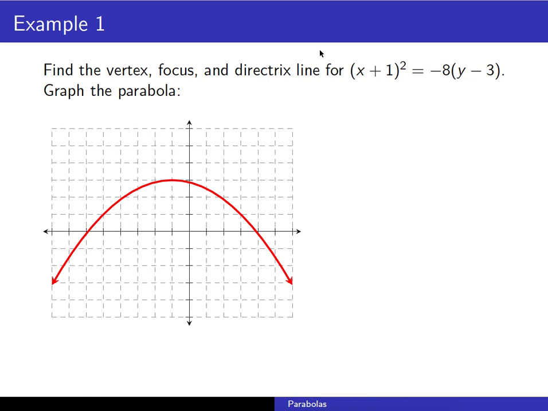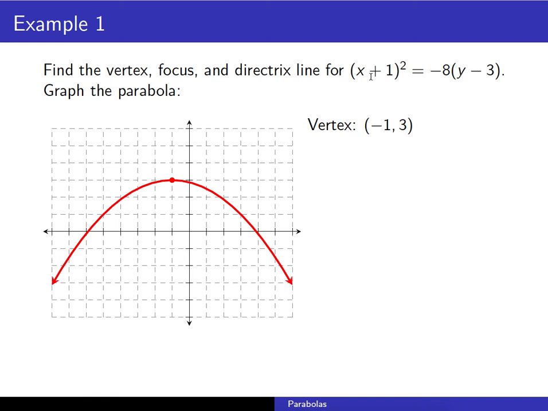And our vertex in this one is going to be right here. And the coordinates of that point, which in Desmos is really easy because you could just plot this and then touch the little gray vertex point. Our vertex is negative 1, 3. Now we can get that by looking at the equation. Notice we have a plus 1 with the x and a minus 3 with the y, and your h and k are associated with x and y respectively.